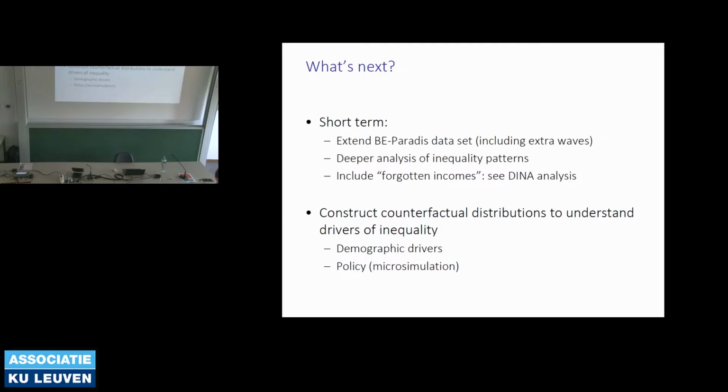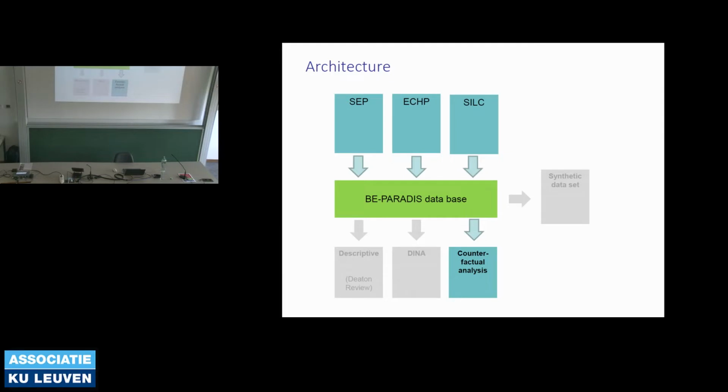What if the taxation scheme had not changed, or what if it had changed in a different way? What would have been the effect on disposable income? And of course, coming back to Bram's first question, we can also look at other income concepts with the same data, in a consistent way: market income, taxable income, and so on. So that's our counterfactual analysis. And then I happily answer some questions, if there are any, and pass the floor to André for the DINA analysis.